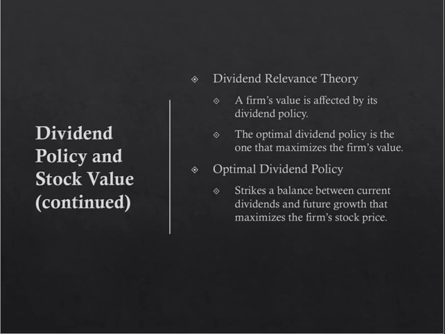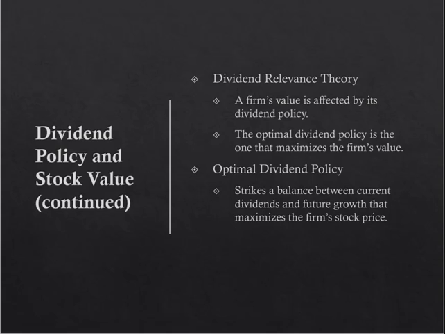The dividend relevance theory, on the other hand, says a firm's value is affected by its dividend policy, and the optimal dividend policy is the one that maximizes the firm's value. And that tends to be the one that I personally go with, and I think the market tends to agree.